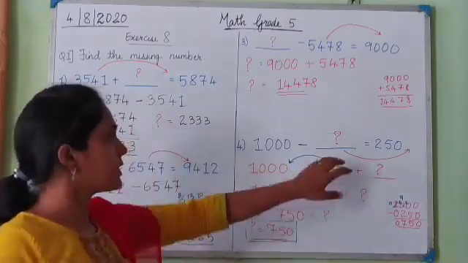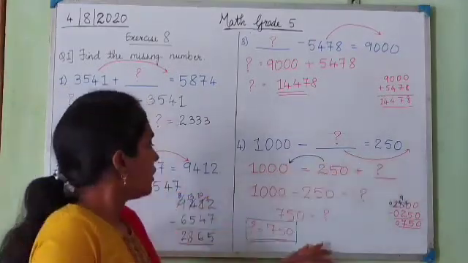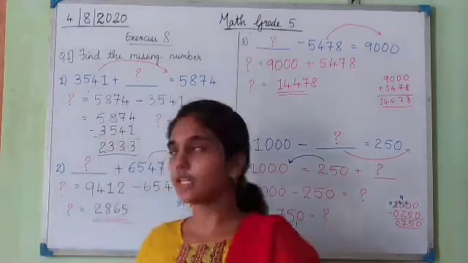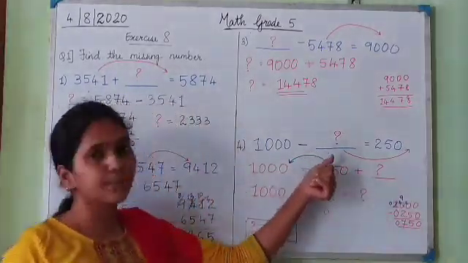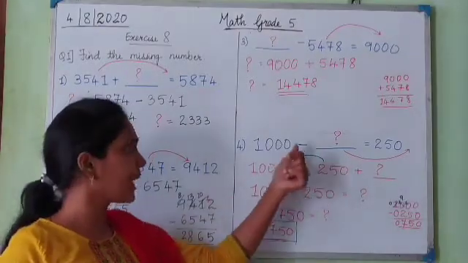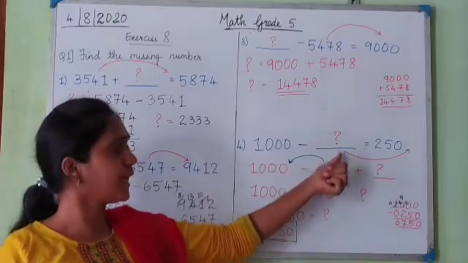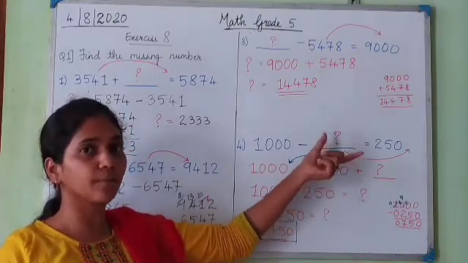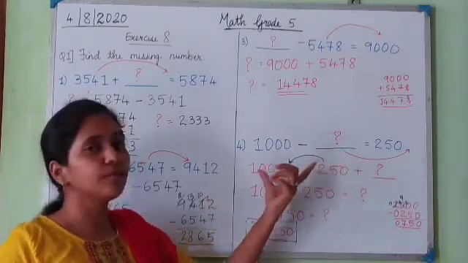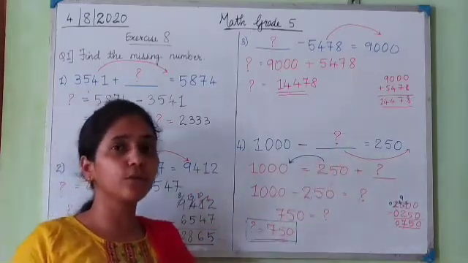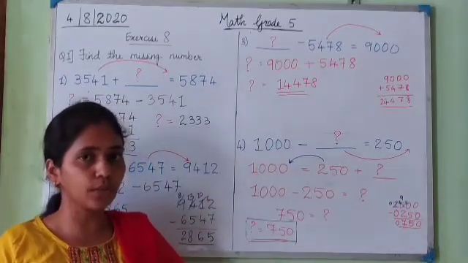So when we subtract 750 from 1000, we get 250. In addition, we don't have this problem of taking the numbers here and there. But in subtraction, we have a problem. Why? Because this is not only subtraction of the number, but it is also the sign of the given number. So if there is a minus sign, we need to be careful when it goes to the other side, whether its sign will change or not.